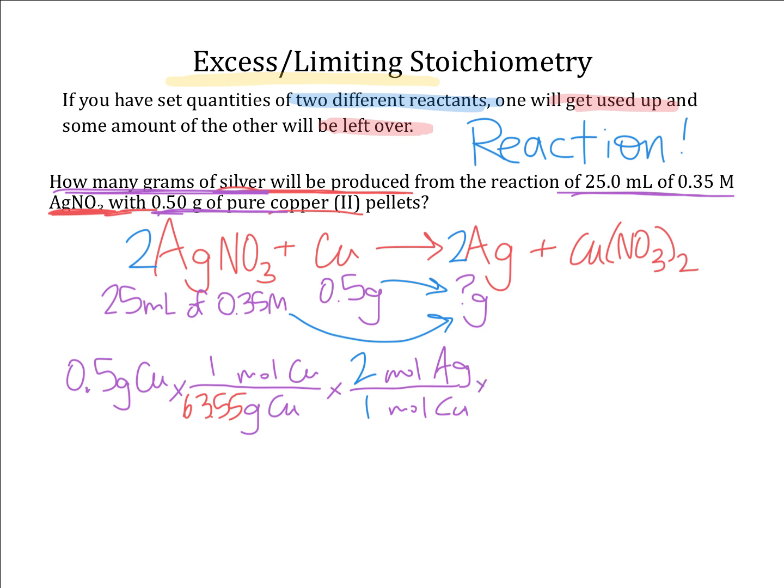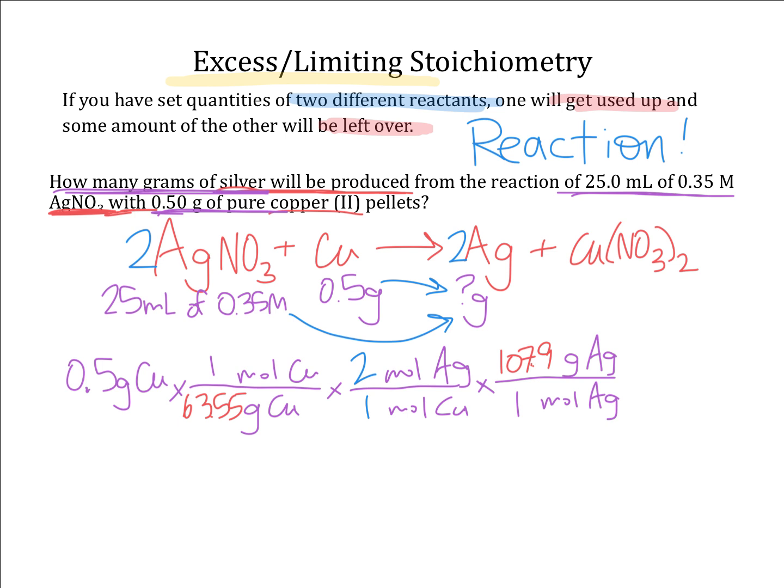And finally, I'm going to figure out how many grams of silver, because that's what the question's actually asking. Moles of silver to grams of silver. I'm going to get those grams off the periodic table, and the mass of silver is 107.9 grams of silver per mole.